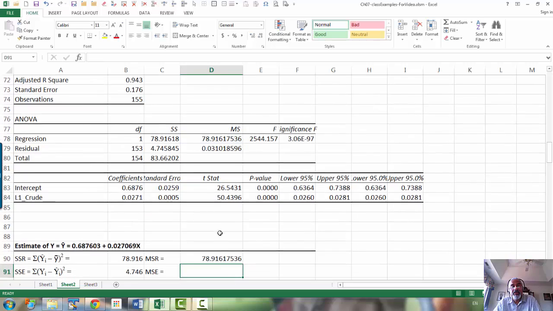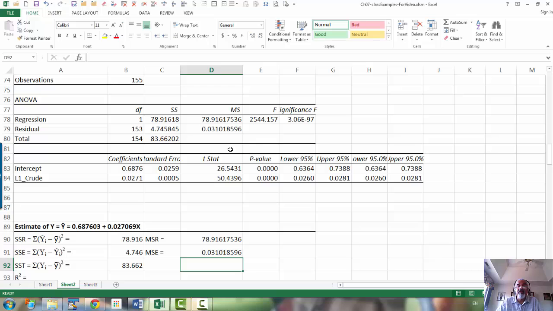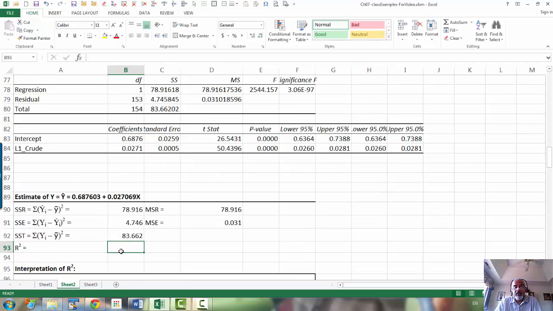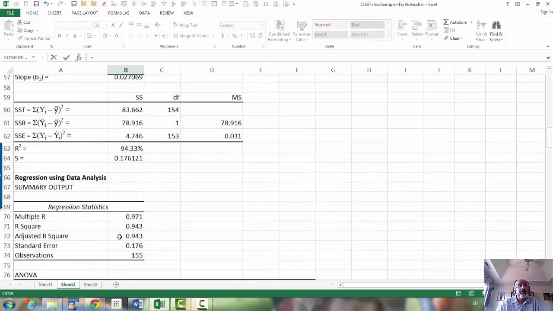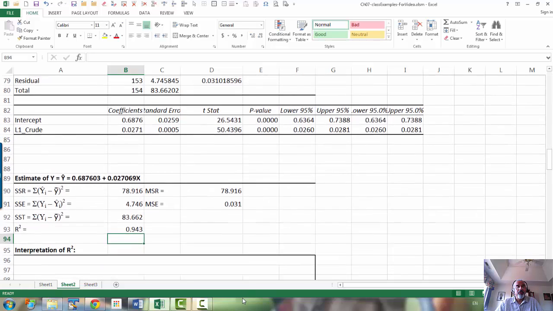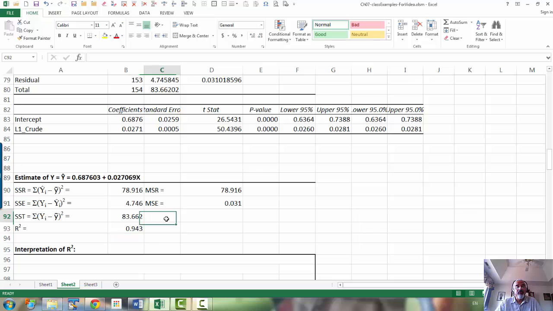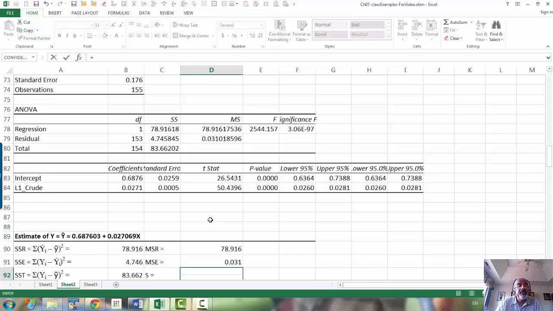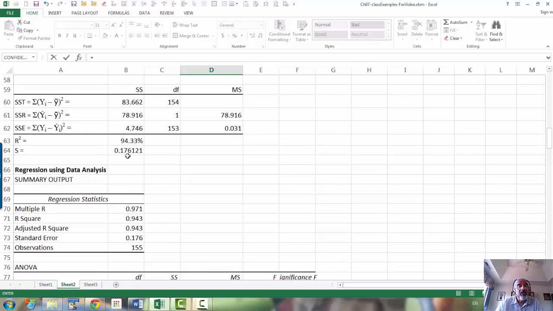MSR is that one, and MSE is this. We'll look at F and significance of F in just a little bit. Now R squared we calculated here, and we can also get it from the regression output. And the value of S from the regression output is right here.